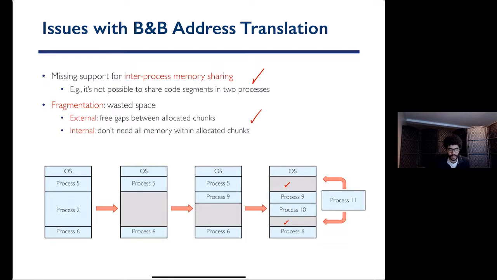And this is external fragmentation, because you have these unallocated regions between your allocations that you cannot use for the new process. This is free space that is being wasted because it's not contiguous. With base and bound, we need contiguous memory regions, and now we don't have it for this newly arrived process.